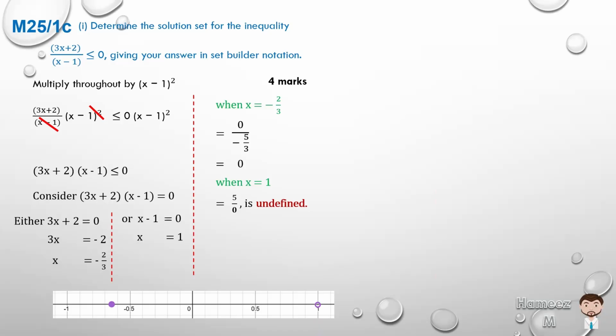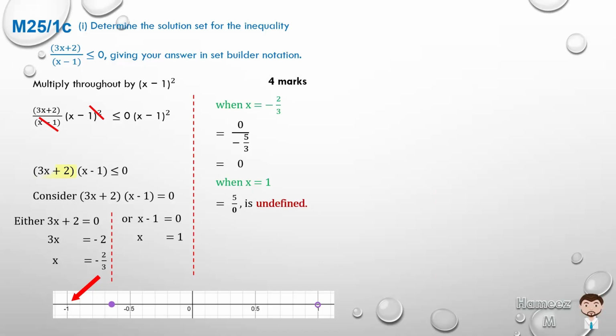Now, where does the range lie? Does it lie to the left of minus 2/3 or to the right? Does it lie to the right of 1 or to the left? So let's pick a value. Let's say at this point here, minus 1, so it's to the left. We could either look at the fractions or we could look at the product.